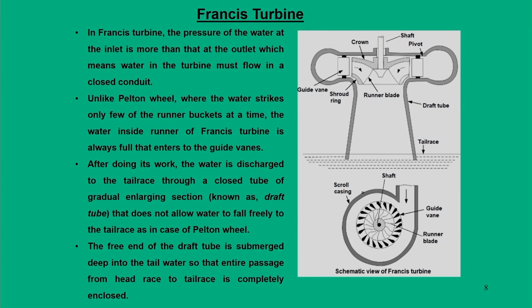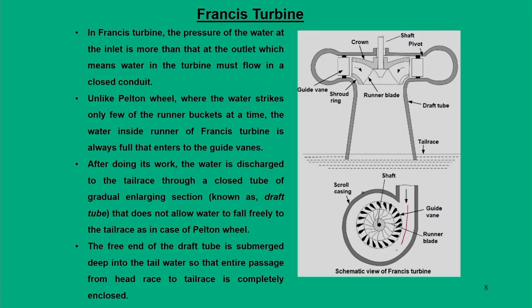Another important point that I have already mentioned is that in a Pelton wheel, the complete passage of water is purely atmospheric, but when the water jet comes, that water jet hits a fixed number of buckets at a particular time. Not the entire set of buckets of the Pelton wheel is exposed to the water jet. Sequentially, buckets one by one get exposed to this water jet.